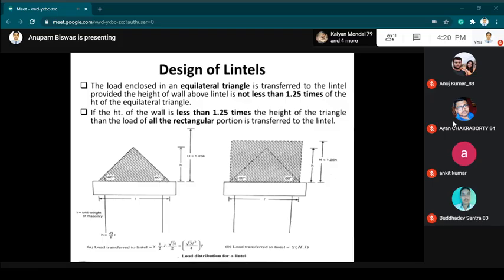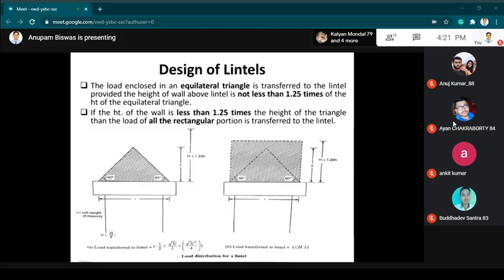If you multiply, you will get the total load that is transferred to the lintel. And in the second case, the total load transferred to the lintel is the length into breadth of the rectangle, that is capital H into L into gamma, the unit weight of the brick wall, the masonry wall.